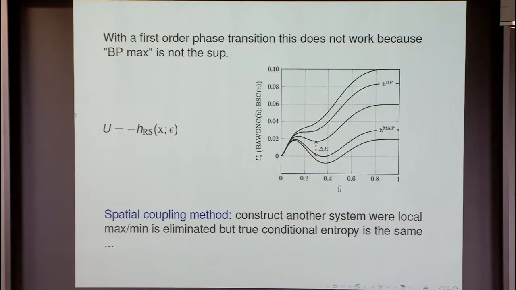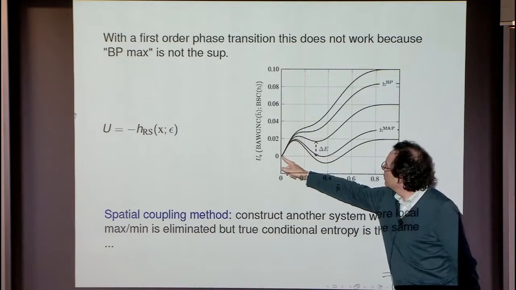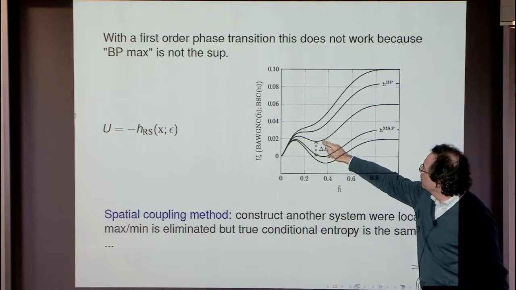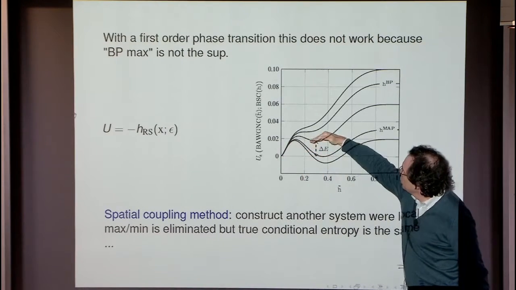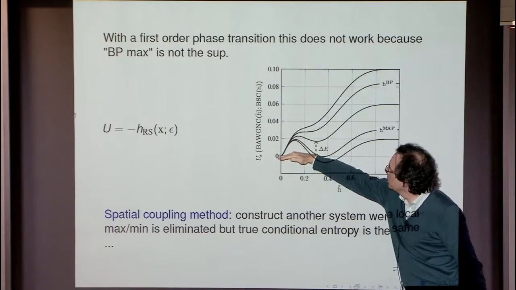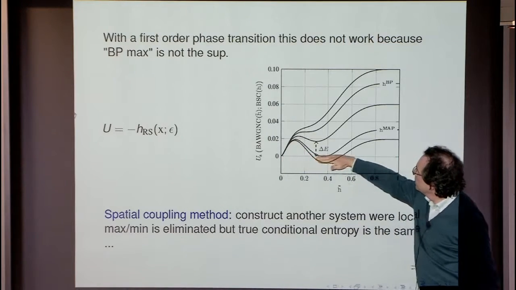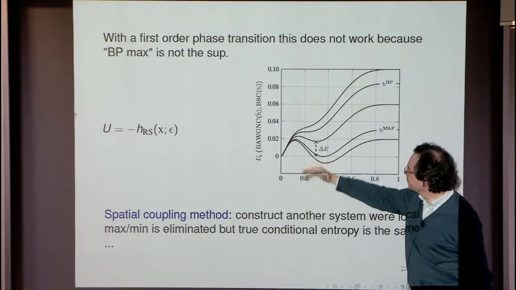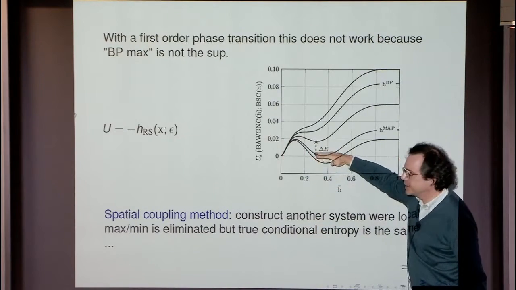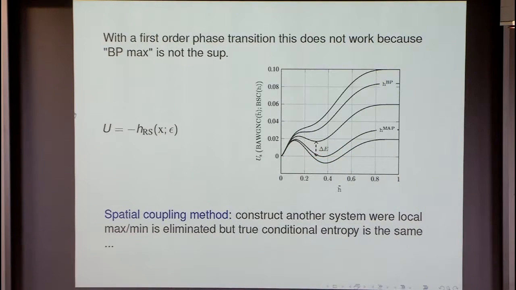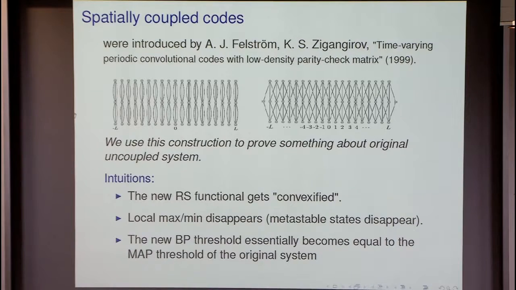Because if you think about it, if you convexify this curve here, if you draw a tangent here, when you increase epsilon, these tangents will reach the horizontal line here, and there is no more BP threshold, in fact, okay? Or the BP threshold is exactly equal to the MAP threshold when the tangent becomes horizontal. Okay, so that's a basic intuition.